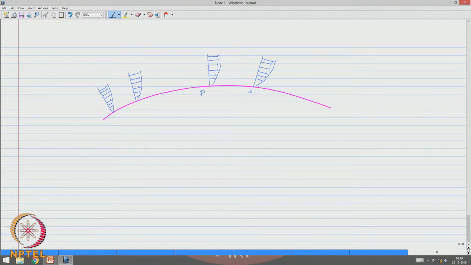From this point onwards, you will notice that there is a separation takes place, and because of the separation, the flow characteristics will vary.